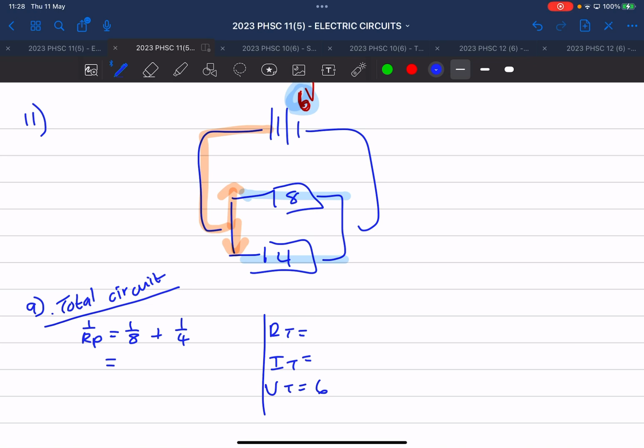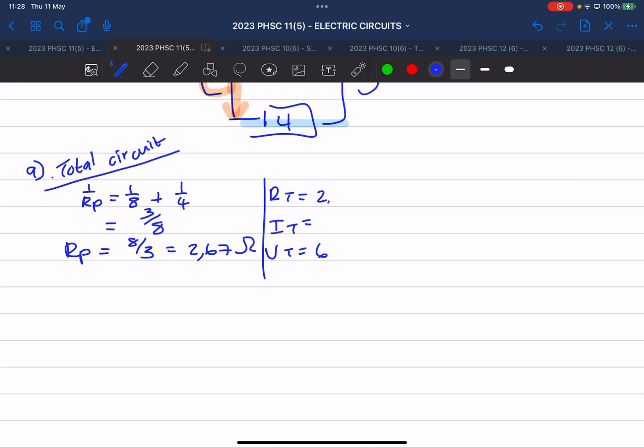Oh, I don't have to go to 16, I can just go to 8. It's 3 over 8. Okay. Then if I calculate the current is volts over resistance. I've swapped around my Ohm's law formula.